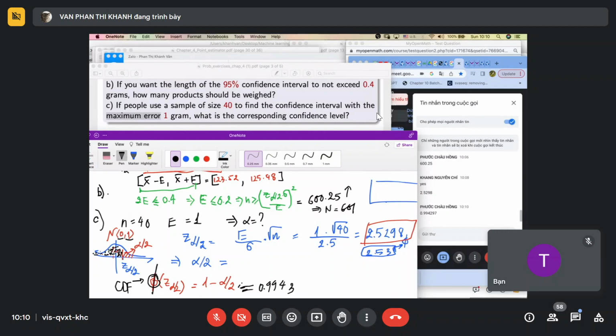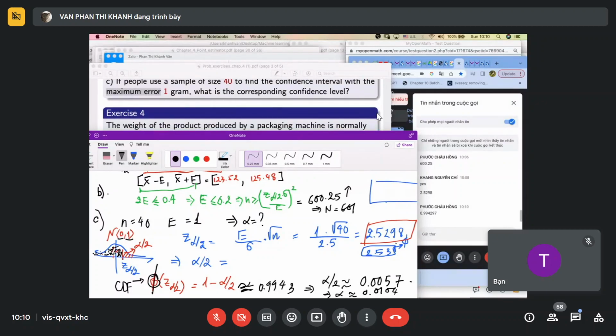0.9943, right? Approximately 0.9943. It means that alpha over 2 is approximately 0.0057. So alpha is approximately what? 0.0104. You see? So what is the confidence level, class?